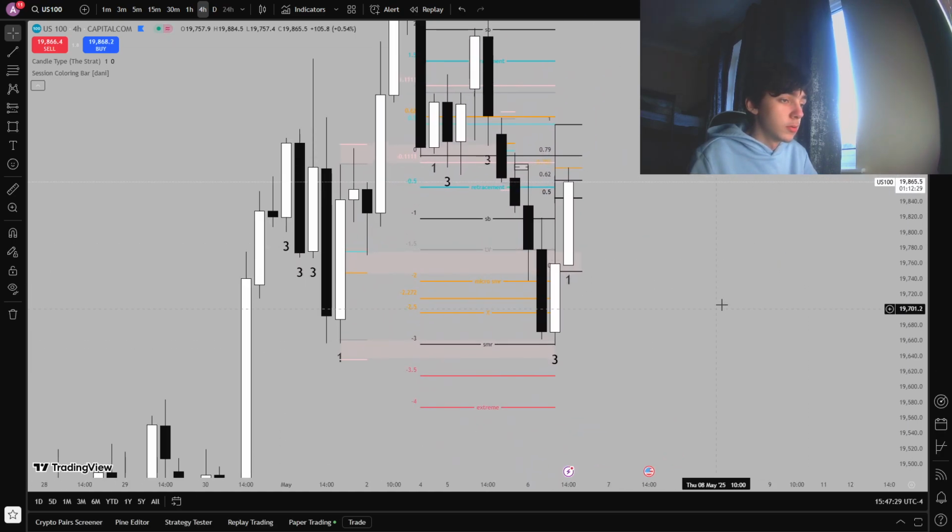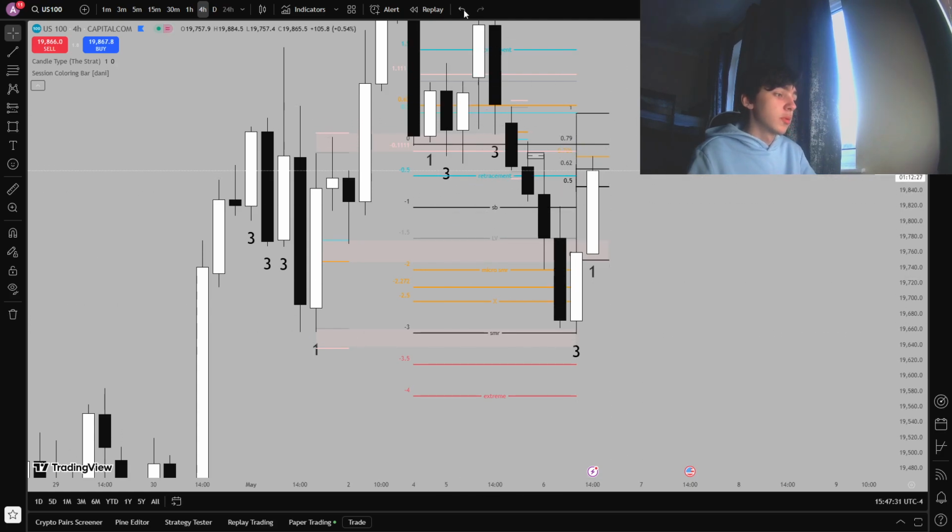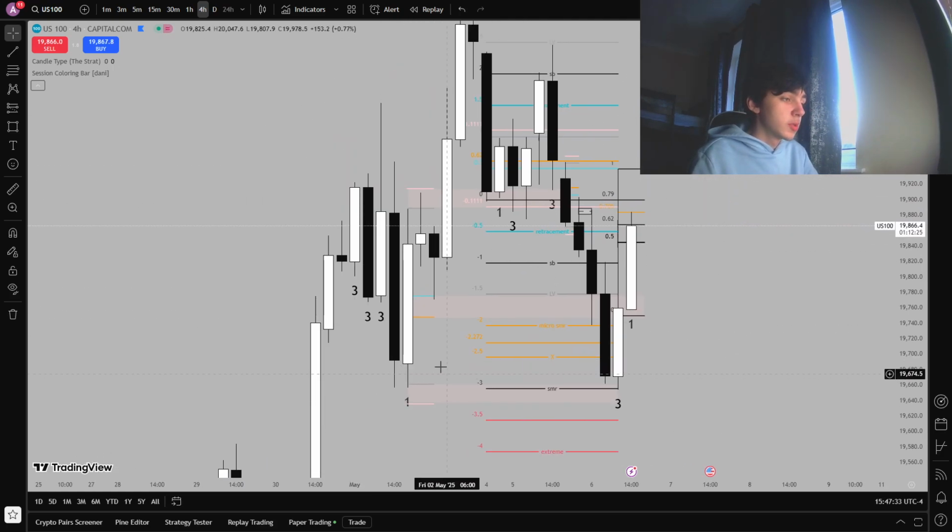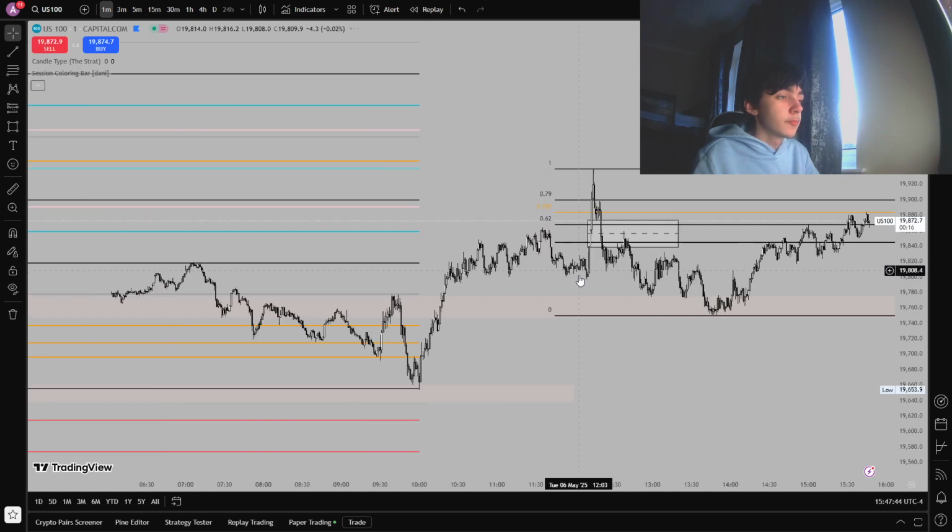We literally wicked SMR, and we took out this low, we created SMT with this low, and we also took out this inside candle low.